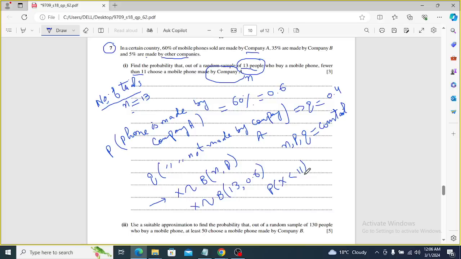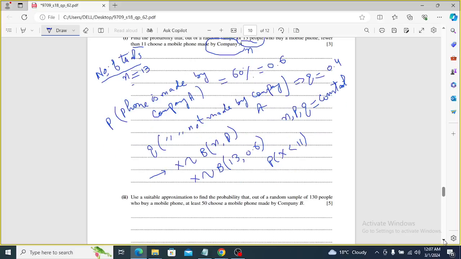There are a total of 13 trials and the examiner is asking you to get the probabilities fewer than 11. Fewer than 11 means you are supposed to get the probability of 10, the probability of 9, 8, 7, 6, 5, 4, 3, 2 and 1.